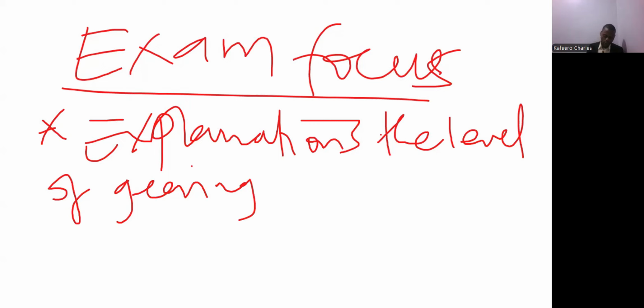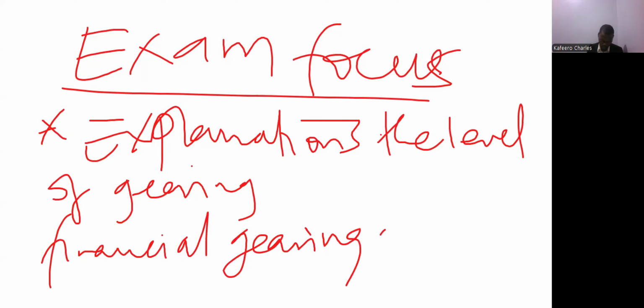Two, because we have very many formulas for computing financial gearing, we need to take note of the different formulas that we have for computing what we call the financial gearing. So we have very many formulas.